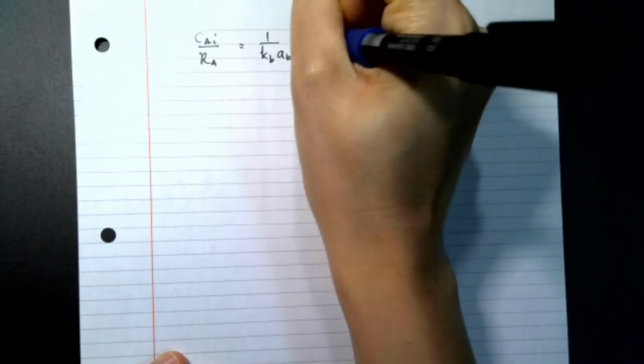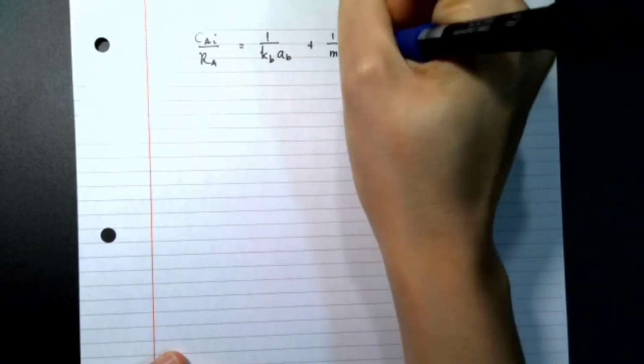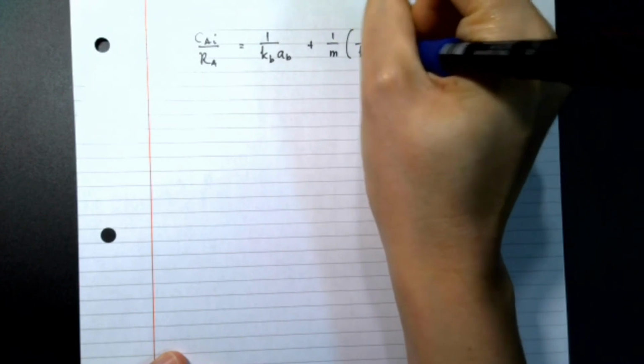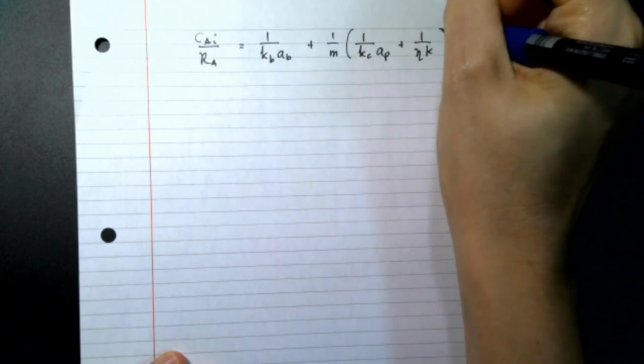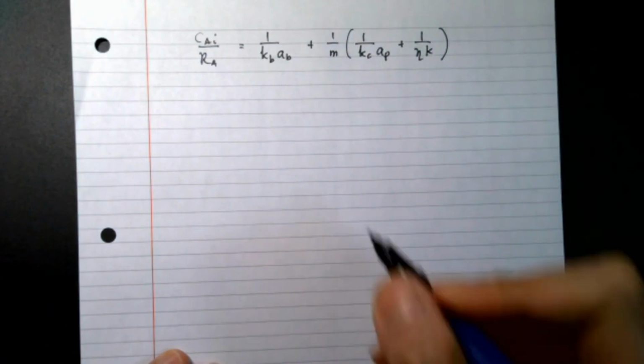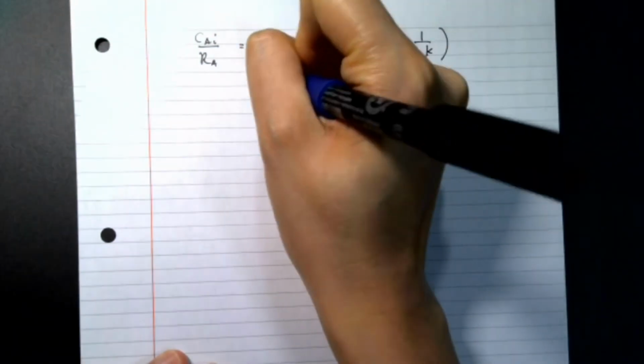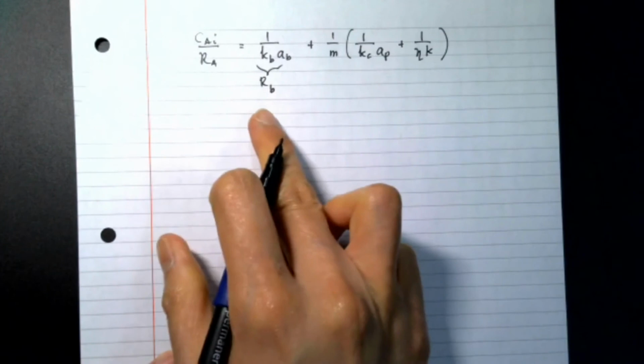So we have this relationship: CAI divided by the rate, RA, is equal to 1 over KBAB plus 1 over M times the quantity 1 over KC AP plus 1 over eta K. This is the resistance due to gas absorption, RB.